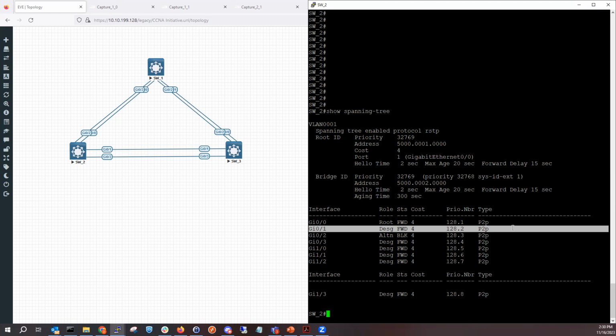Now we're looking at gigabit 0/3. It is designated. Let's go to switch three and take a look over there.